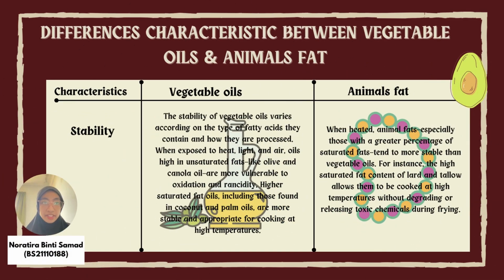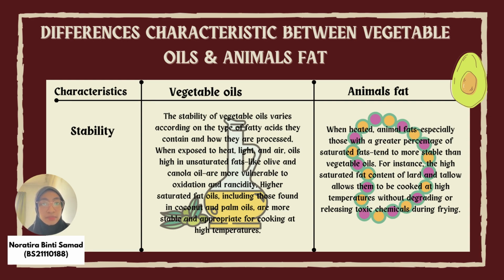Based on stability, vegetable oils vary according to the type of fatty acid they contain and how they are processed. When exposed to heat, light, and air, oils high in unsaturated fat like olive and canola oil are more vulnerable to oxidation and rancidity. Higher saturated fat oils, including those found in coconut and palm oils, are more stable and appropriate for cooking at high temperatures.